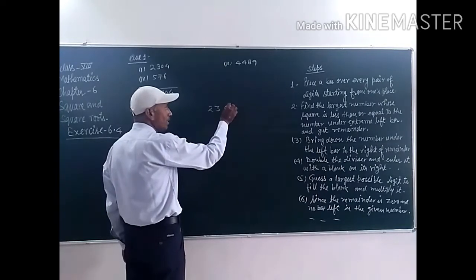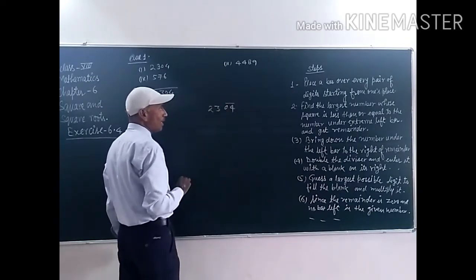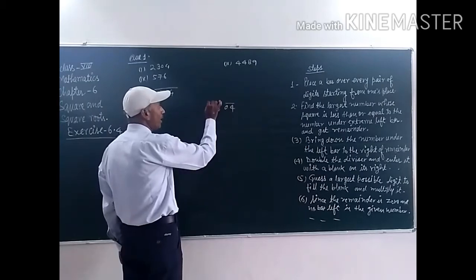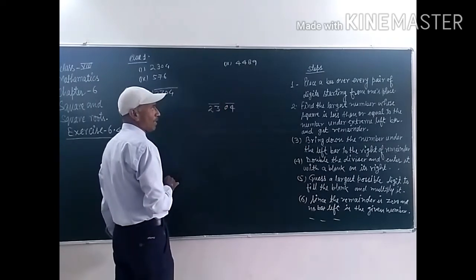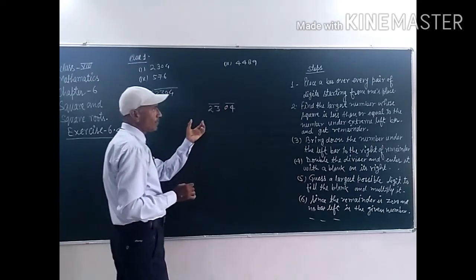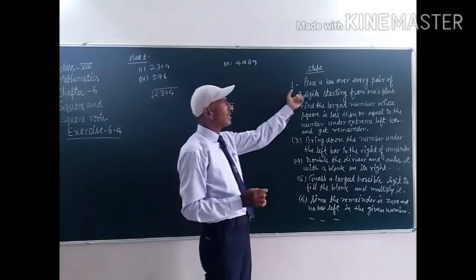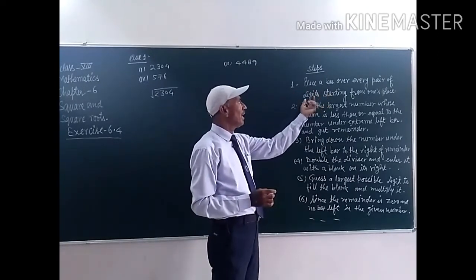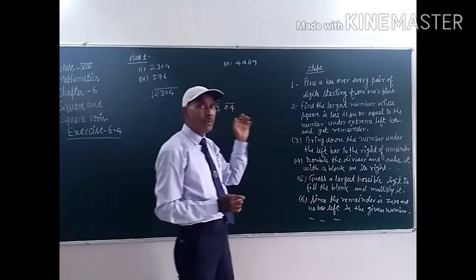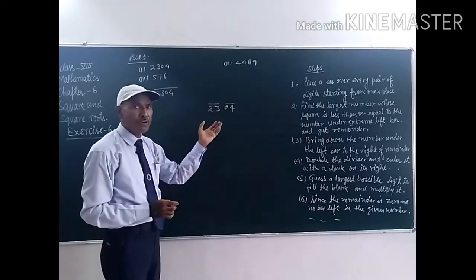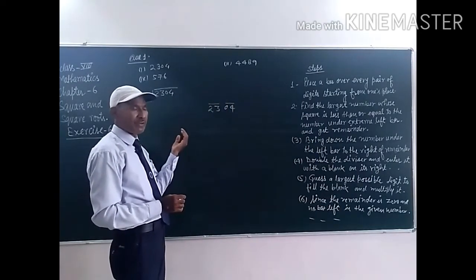This one is the ones digit, so this is the first pair, one bar, and this is the second pair. Clear, students? In the first step, we have to place a bar over every pair of digits starting from the ones place or starting from right to left.